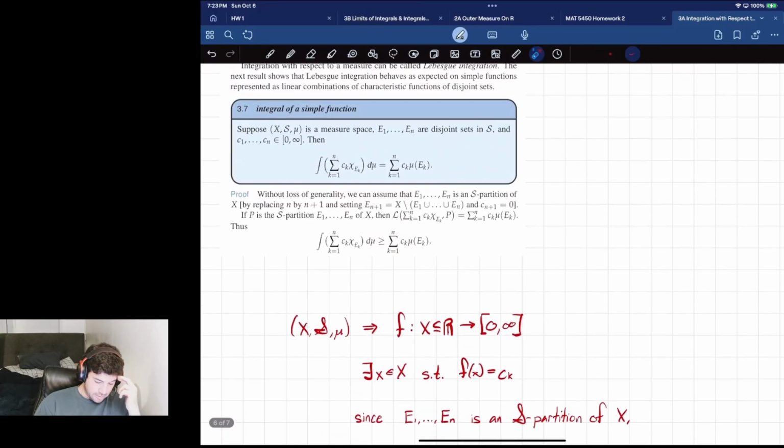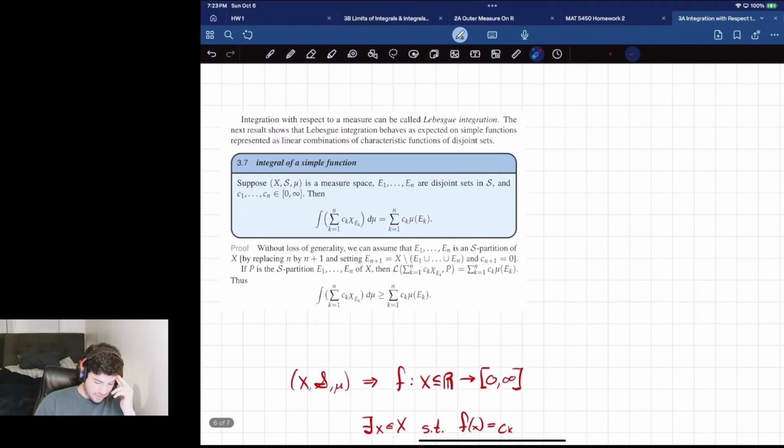But the way the result is wording it is a little bit awkward, at least it is for me, because we're supposing the EKs are disjoint sets, and we're supposing the C's are 0 to infinity. But we don't establish a relationship between them. Like that may be established here, but it seems awkward to do it like that.